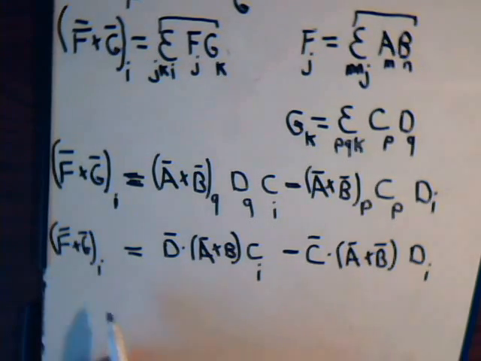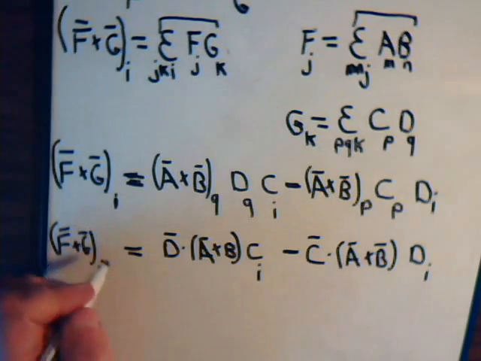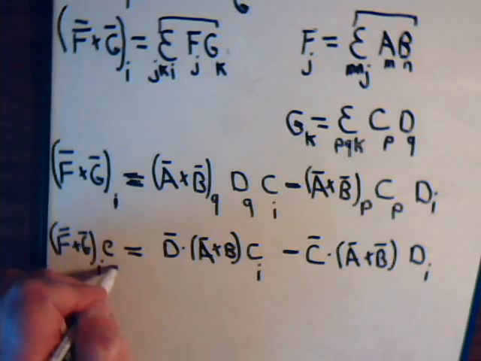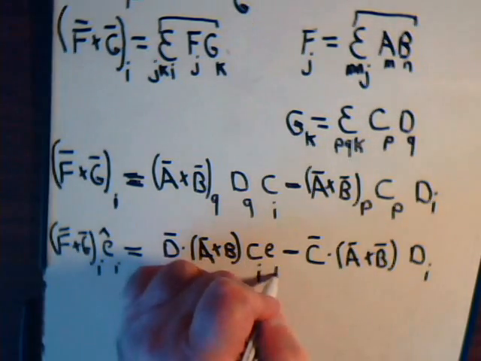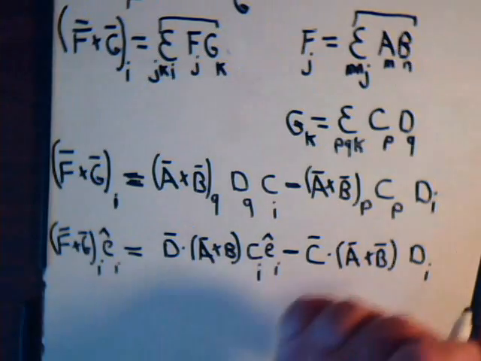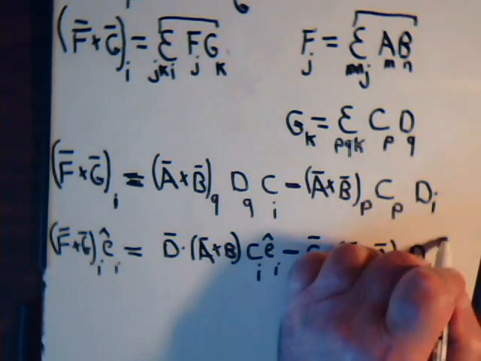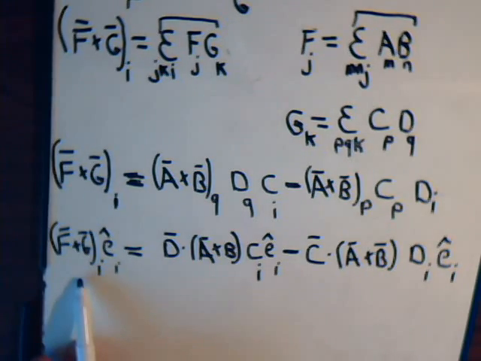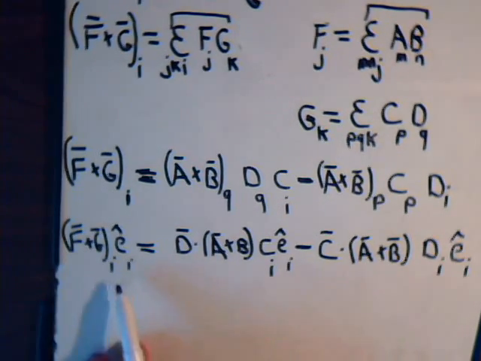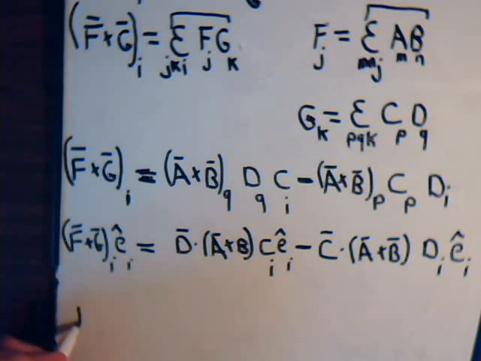And if it's true for the ith component, it also has to be true for the j and the k component. Or what we can do is multiply both sides by this. So this is f cross g, the vector f cross g now. And again, we've been explaining that since video number 1.